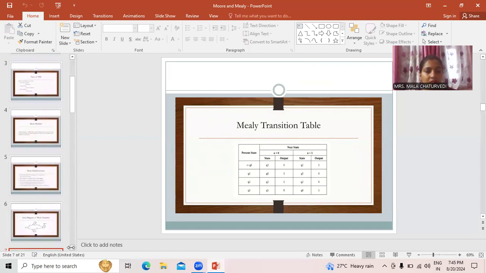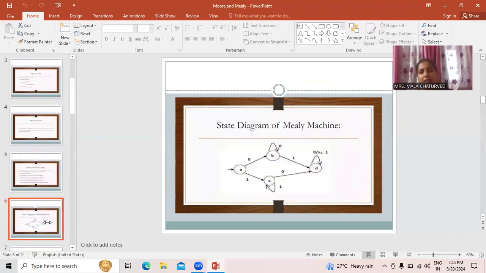Now let's see the state diagram of a Mealy machine. A state diagram is shown. Alphabet A is an initial state because it is shown with an arrow.